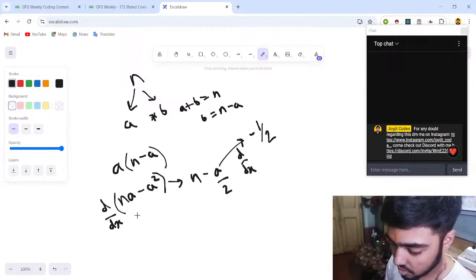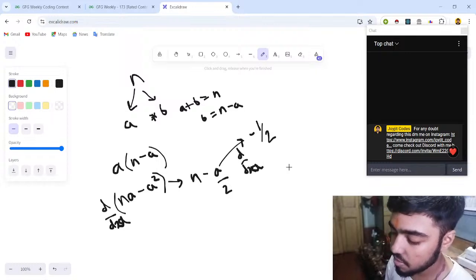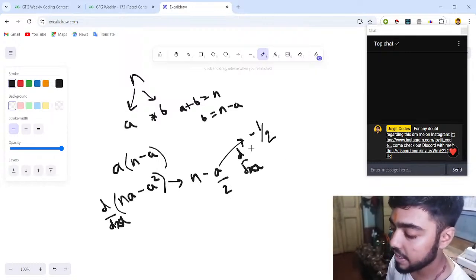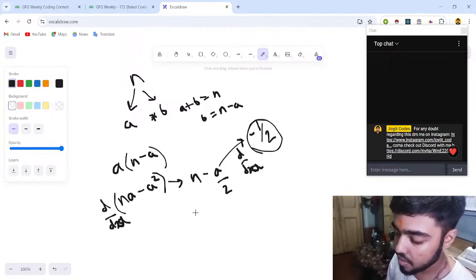Remember one thing, I made a mistake: we are not differentiating on the basis of x, we are differentiating on the basis of A. So now it is minus half, and we know that if it is less than 0, it's a maxima. So this thing is going to be a maxima.